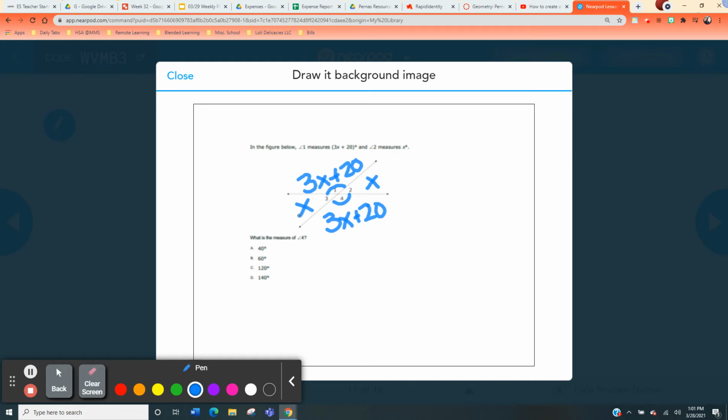So I can go about making it so this is a straight angle, so I can do 3x plus 20 plus x equals 180, because since it is a straight angle, I can equal it to 180, being a supplementary angle, or I can equal the whole thing to 360 because the whole thing would equal 360.